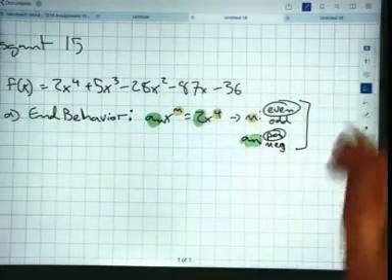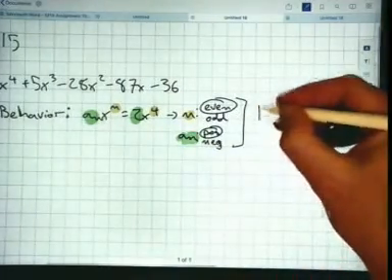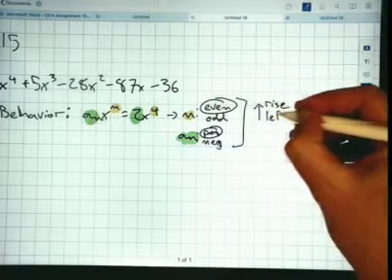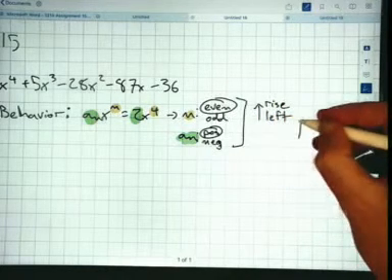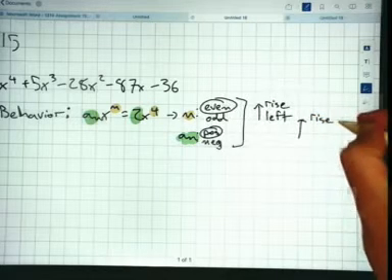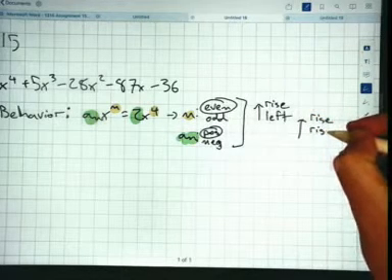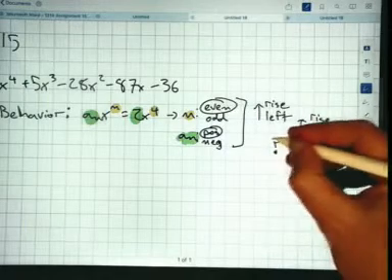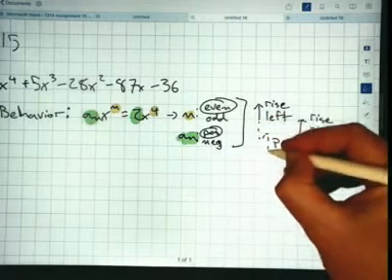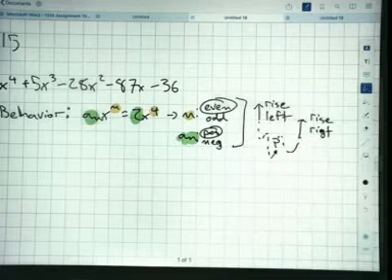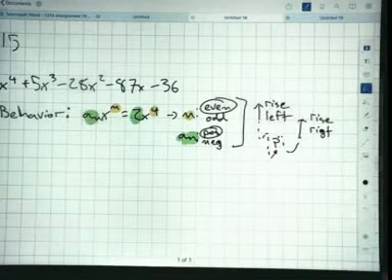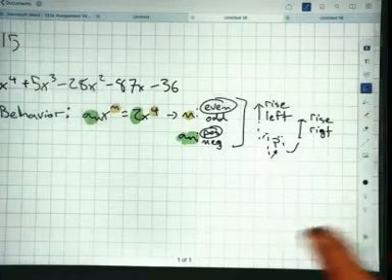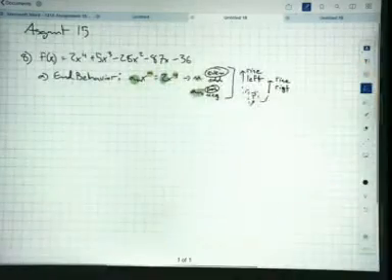So all this is telling me that my polynomial function is going to rise on the left, and it's going to rise on the right. I don't know what it's doing in the middle, but I know that it's going up on the left and up on the right. So that's going to be helpful for us.